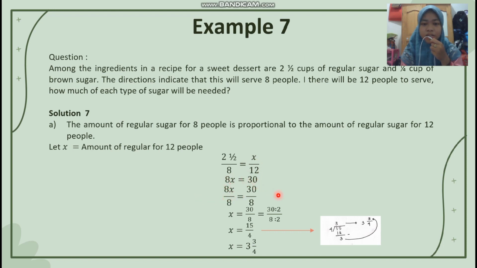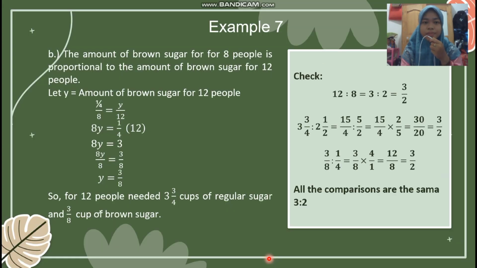And on the left and right side we can divide by 8, and will be x equals 30 divided by 8, and we can divide by 2, and x equals 15 divided by 4, and x equals 3 and 3 divided by 4.